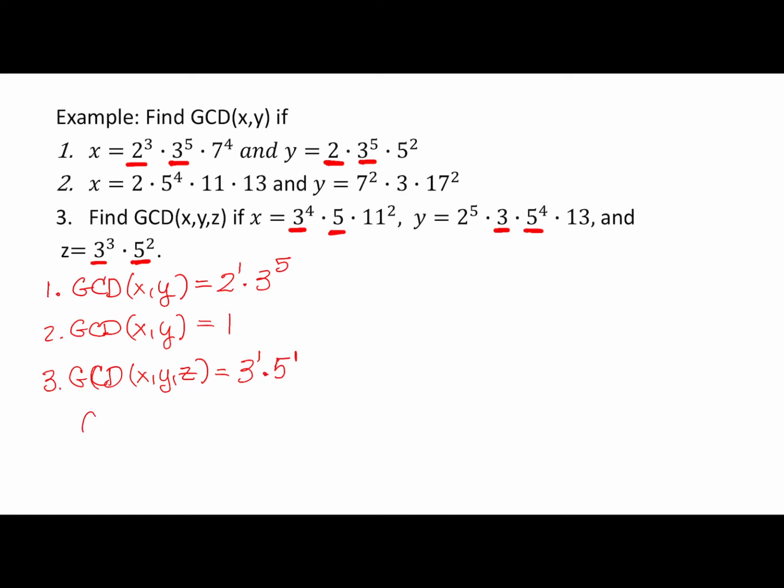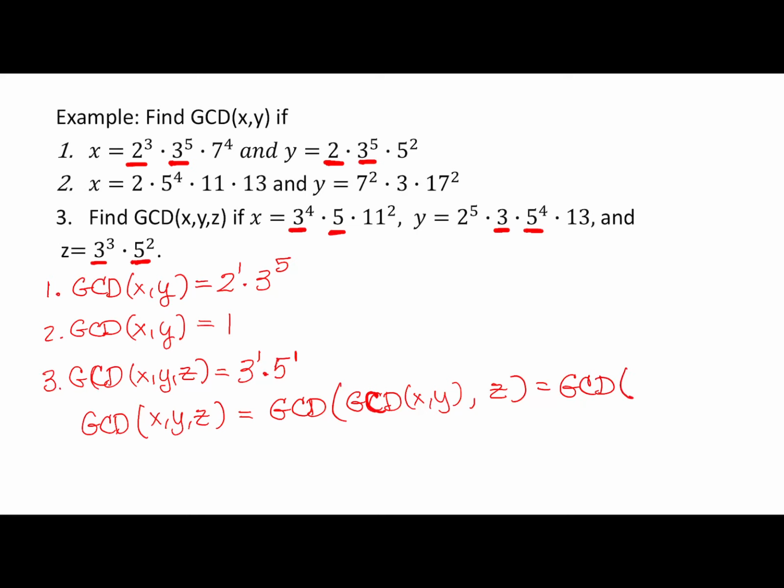Now you could have broken this down into 2 steps. So the GCD of x, y, and z is going to be equal to the GCD of the GCD of x and y together with z. So we could focus on the GCD of x and y first.